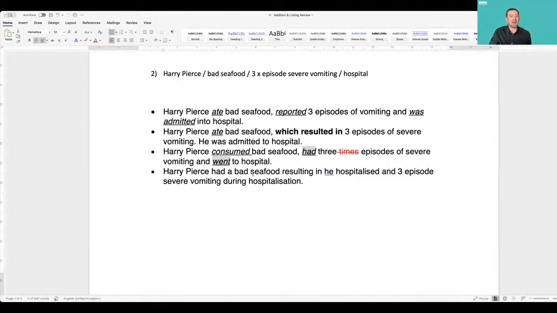Harry Pierce had a bad seafood. It's not, seafood is uncountable. Okay, so Harry Pierce had bad seafood, resulting in him, now, it needs to be a verb, doesn't it? Unfortunately, him being hospitalized. Yeah, it's a passive gerund, isn't it?